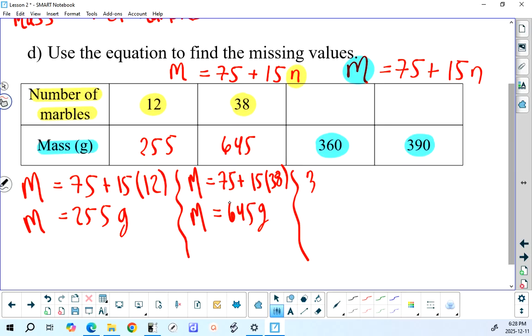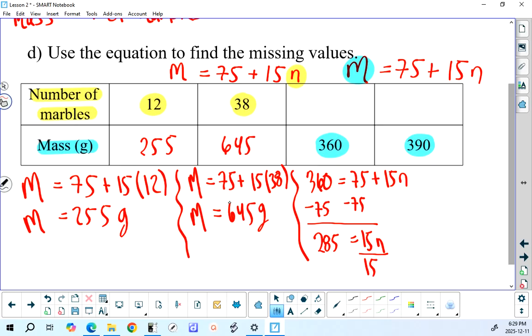So we can write 360 equals 75 plus 15n. Subtract 75 from both sides. Gives me 285 equals 15n. So then you divide both sides by 15, and that will give you n.